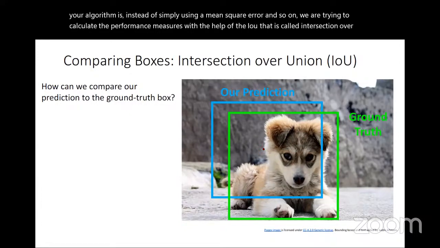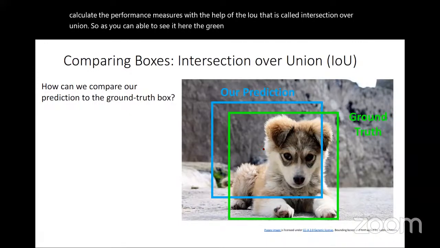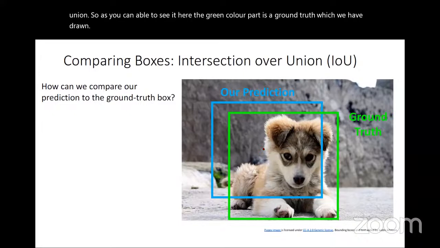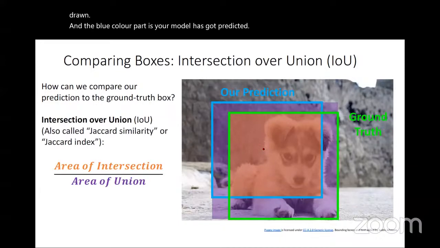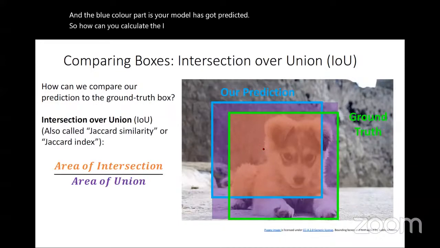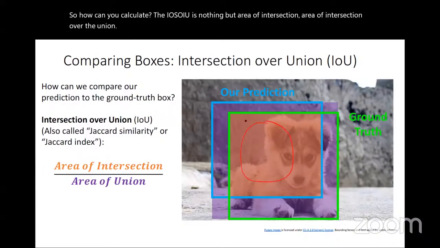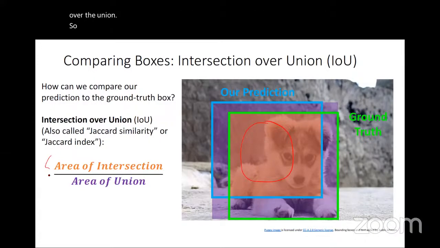As you can see here, the green part is the ground truth which we have drawn, and the blue part is what your model has predicted. How can you calculate the IOU? IOU is nothing but the area of intersection over the area of union.